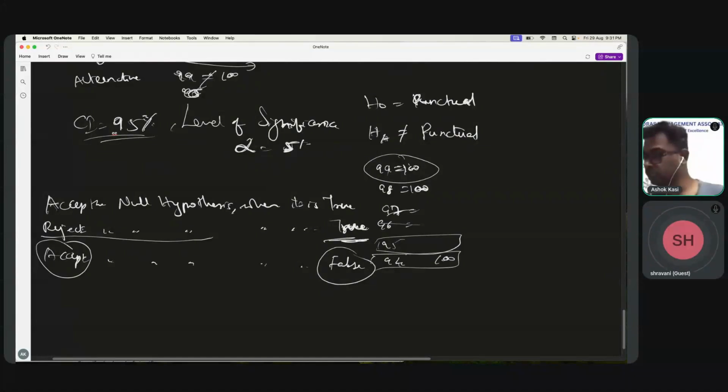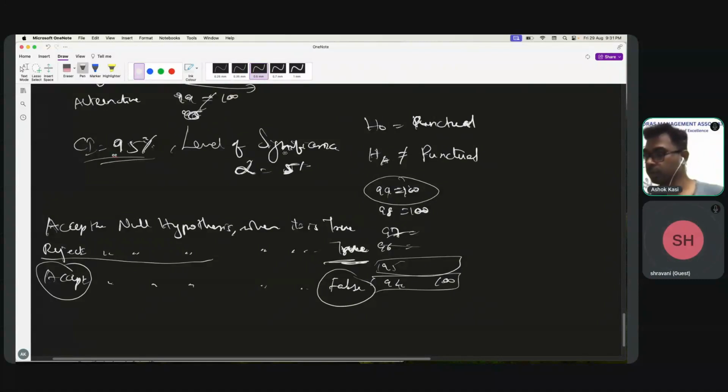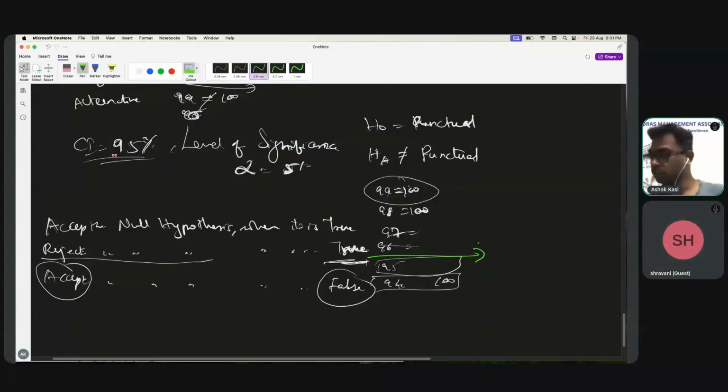So this is a mistake. See, the first one, this is a mistake. This is called type 1 error. And this is called type 2 error.